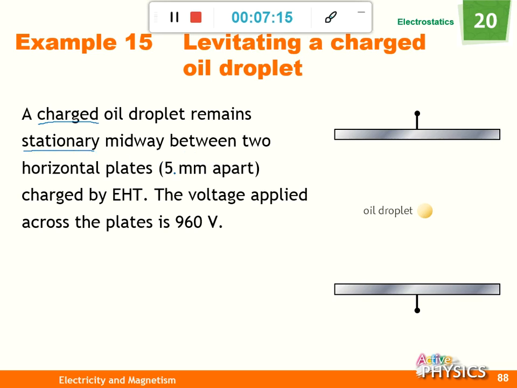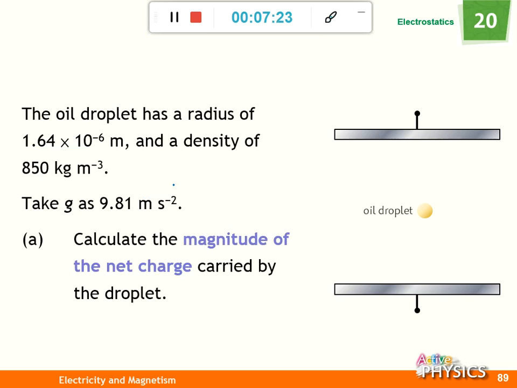The separation between the plates is 5 mm, and the voltage is given to you. The radius of the droplet is this, the density is this. Remember what the density is? It means mass over volume. Now calculate the magnitude of the net charge.